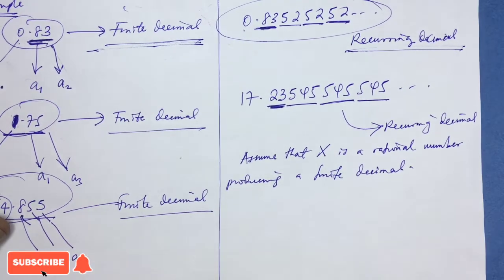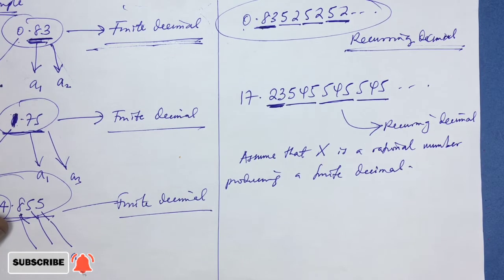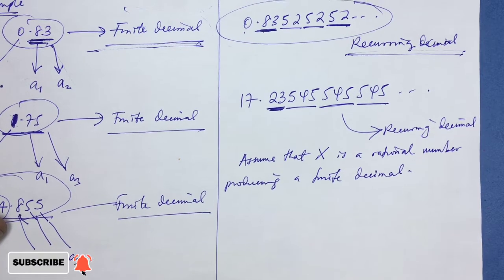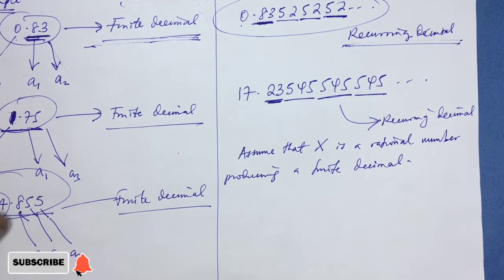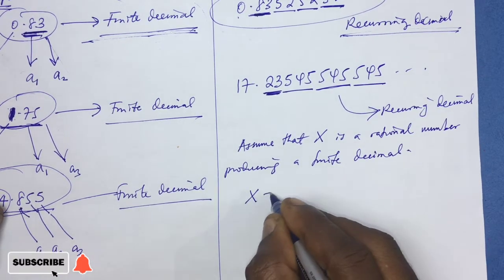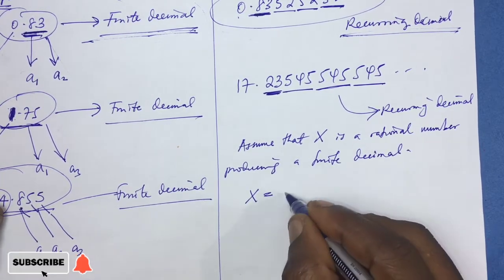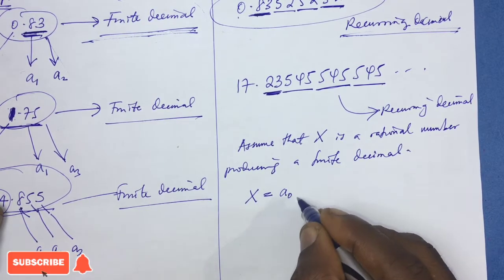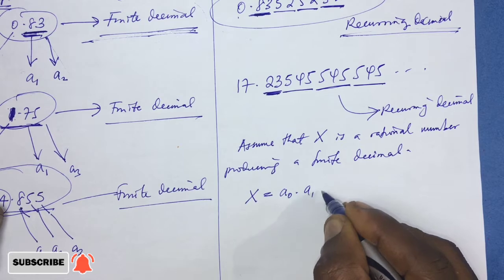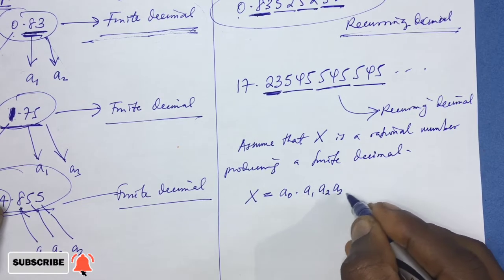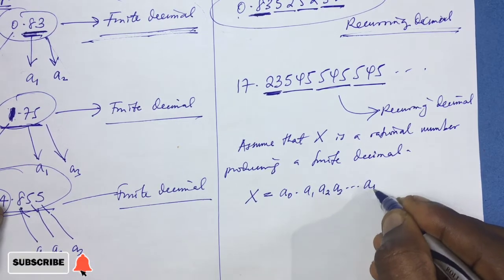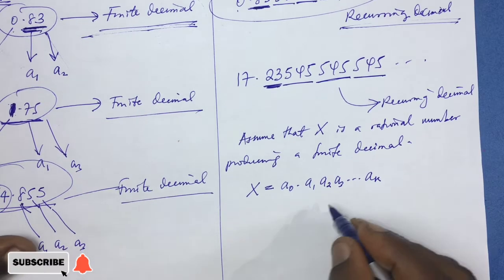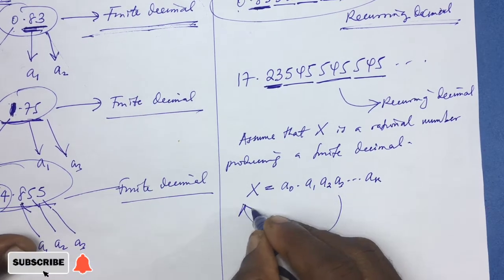What I'm trying to show you here is that once you have a rational number that produces a decimal, you can actually move backwards from that decimal back to the number that produced it. So if x is a rational number that produces a finite decimal like this, that is a0.a1a2a3 up to ak, then we can actually convert this decimal back to this number.